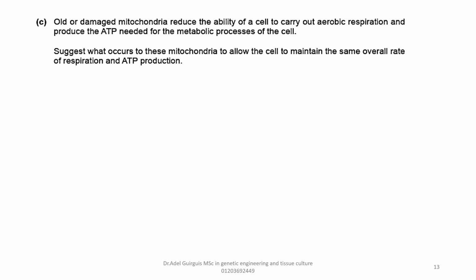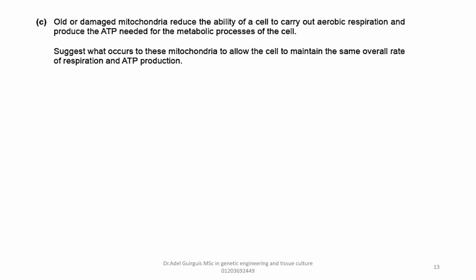Letter C. Old or damaged mitochondria reduce the ability of a cell to carry out aerobic respiration and produce the ATP needed for the metabolic processes of the cell.